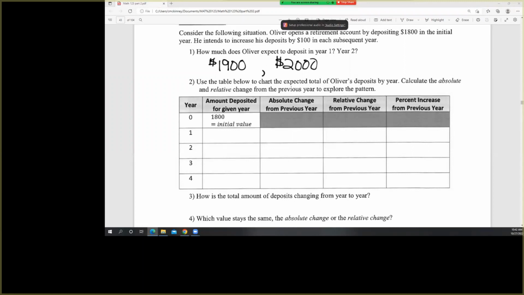So we're going to fill in the table, and we're going to calculate the absolute and the relative change. We've already got a couple numbers for our table. This would be 1900 and then 2000. And then what would the deposit be for year 3?